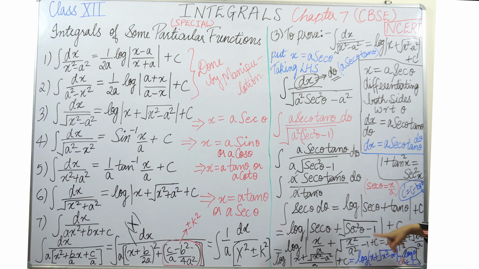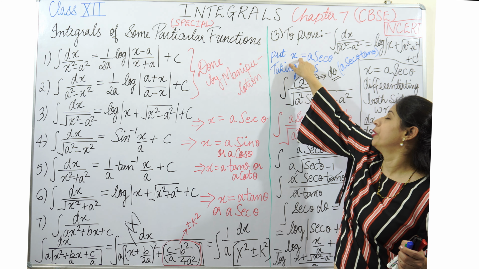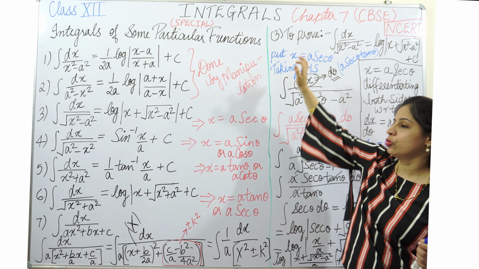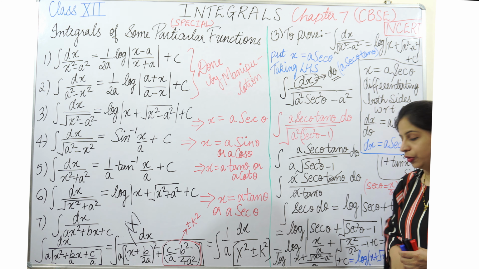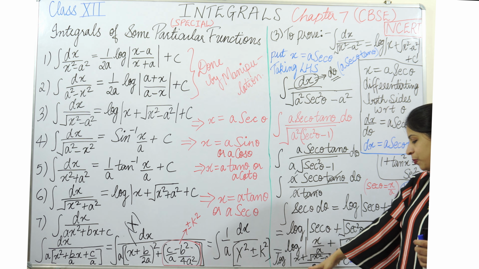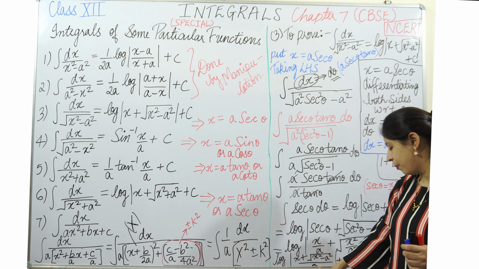So tan theta again to be replaced by under root sec square theta minus 1. Now here we have already substituted x is equal to a sec theta. So sec theta will be equal to x upon a. After solving it, we will be getting expression log x plus under root x square minus a square upon a.